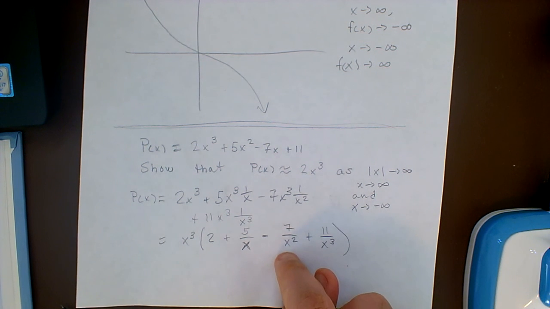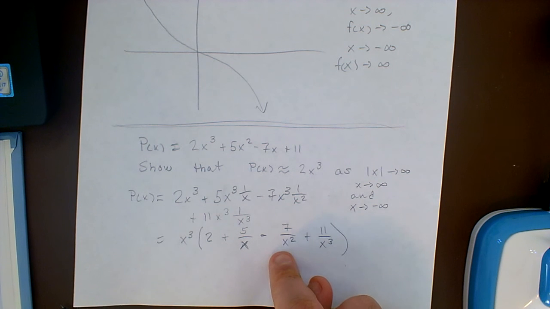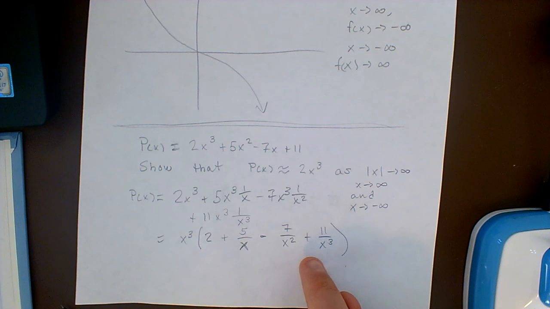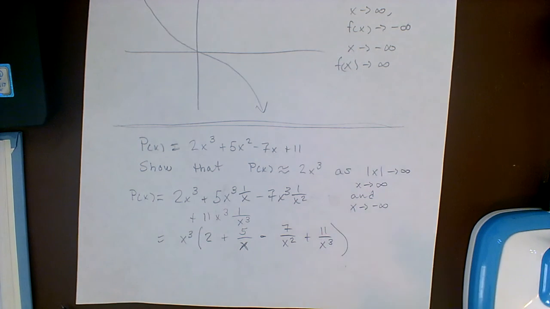Same with these two. This one's going to be a negative number that gets really, really close to 0, actually even faster because we have x squared here. And this one's going to go to 0 the fastest because it's an x cubed term. If you're dividing by a really, really big number, that makes that number get smaller and smaller in absolute value, or in magnitude.